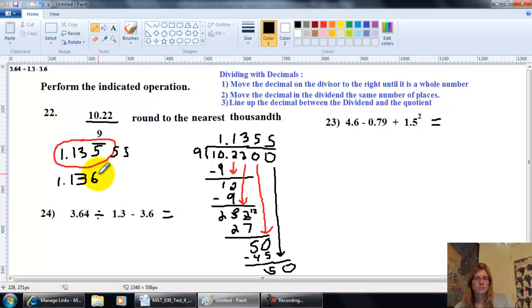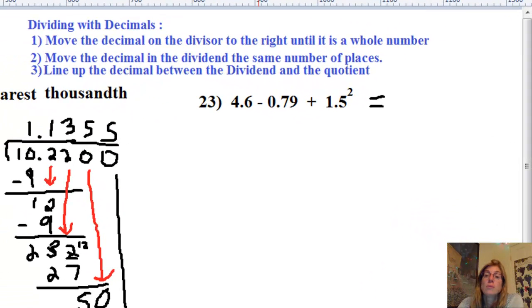It is rounded. Okay, so then number 23, let's circle that answer. Number 23, we have order of operations. Remember our PEMDAS, which is, are there parentheses? No. Are there exponents or square roots? Yes, so we do that first.